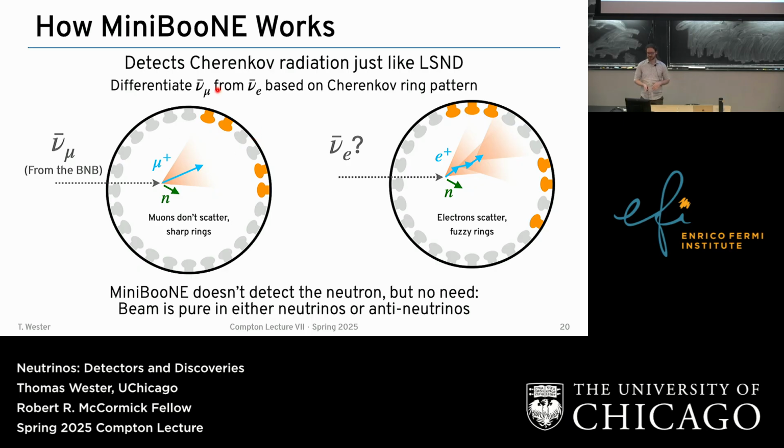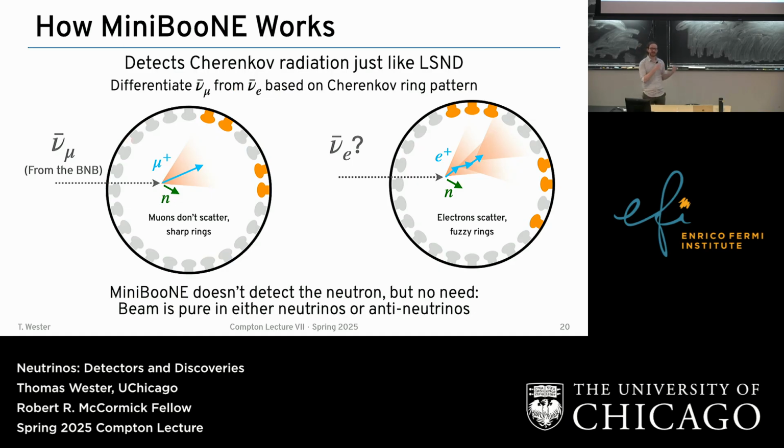On the left here, I have this anti-muon neutrino that's coming from the BNB, or the Booster Neutrino Beam at Fermilab. It comes in, it produces a charged particle, the positively charged muon, or the anti-muon, and then a neutron, and that muon produces Cherenkov light, which makes its way to the detector walls and lights up some of these phototubes that are on the walls of the detector.